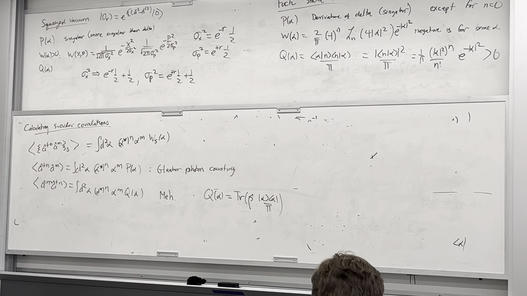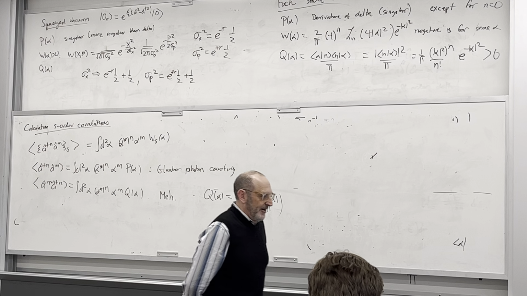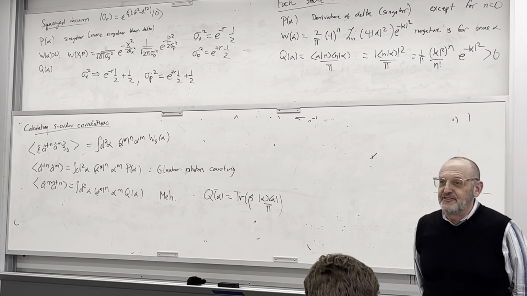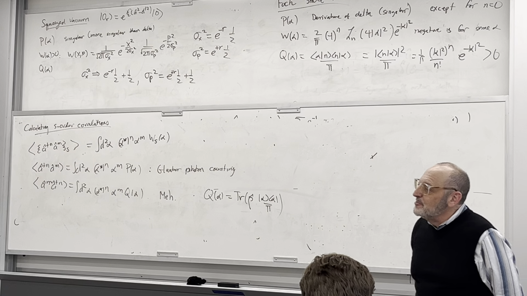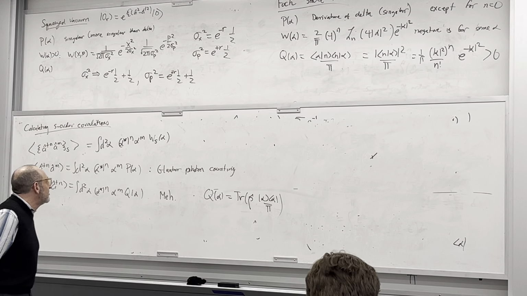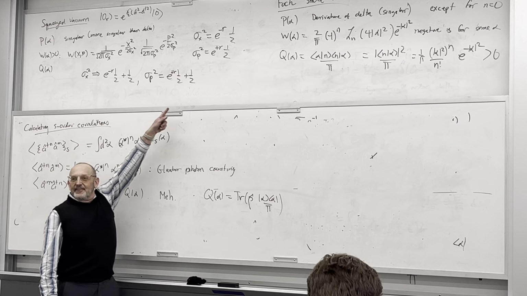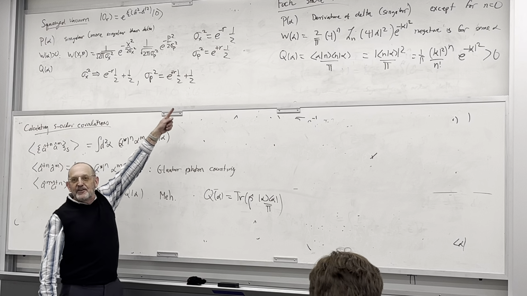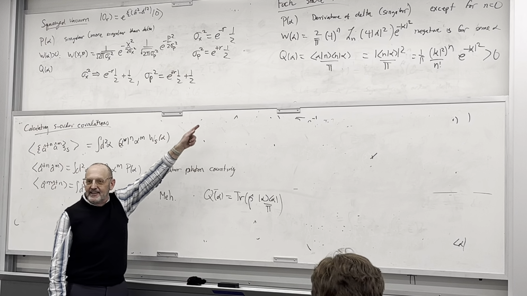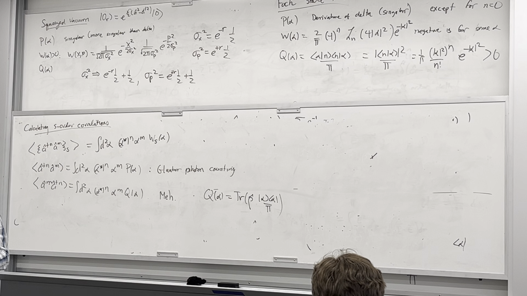So the Q function tells us what those probability distributions are, but those probability distributions are necessarily noisier because we're paying a price for measuring X and P at the same time. The marginals in X and the marginals in P are extra noisy. That's what these extra noise terms are that you get in your fluctuations, because you're trying to measure X and P at the same time, and you gotta pay the piper to do that.